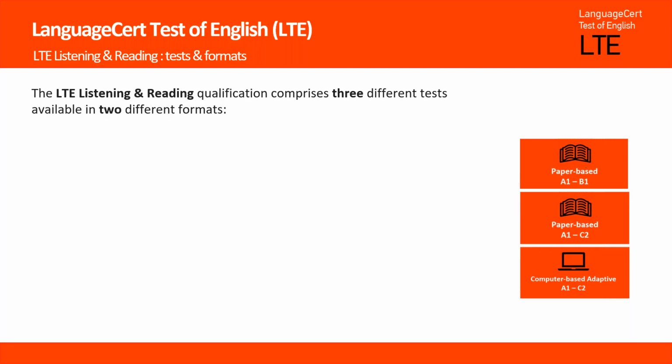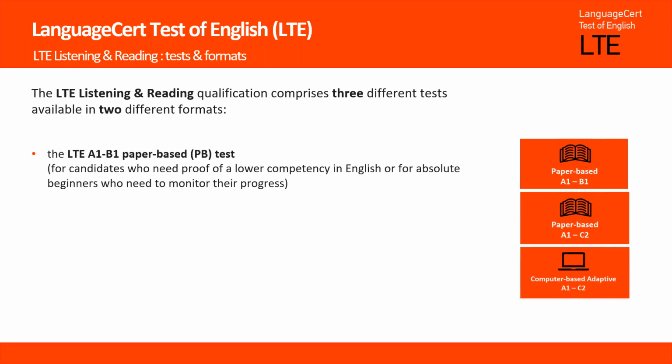Now, who in particular are these tests for? The LTE A1-B1 paper-based test has been designed for candidates who need proof of a lower competency in English or for absolute beginners who need to monitor their progress.